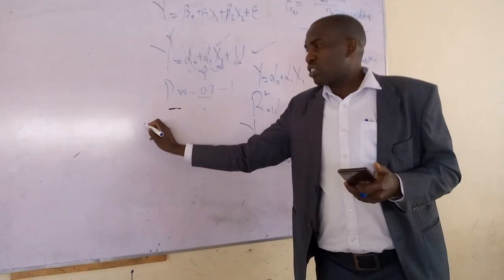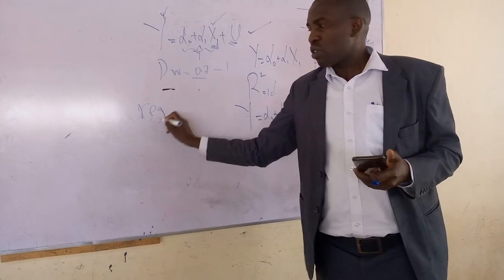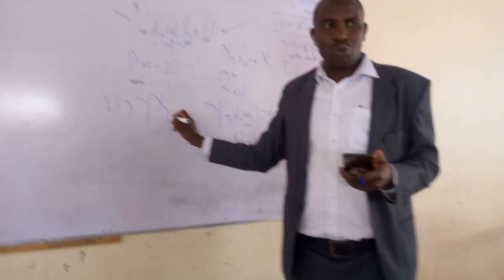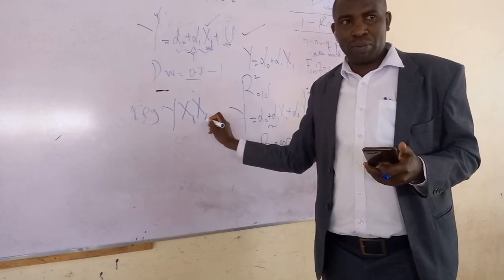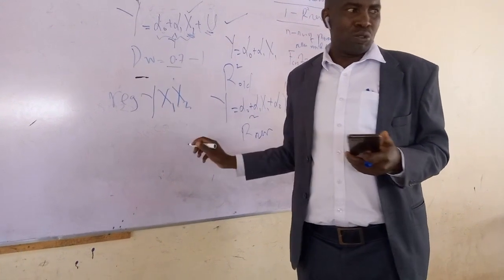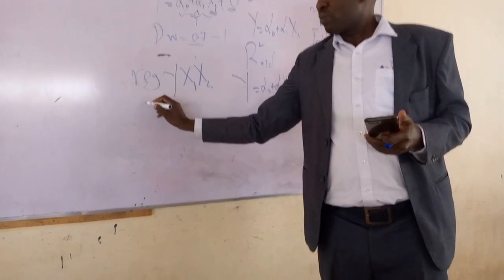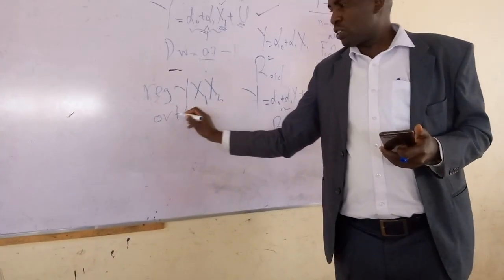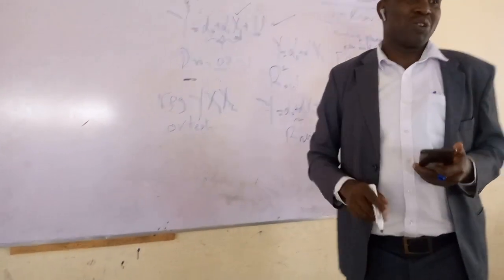You just say regress your dependent variable, then include your explanatory variables, and press enter. Immediately after this, you write the omitted variable test. You just write ovtest.